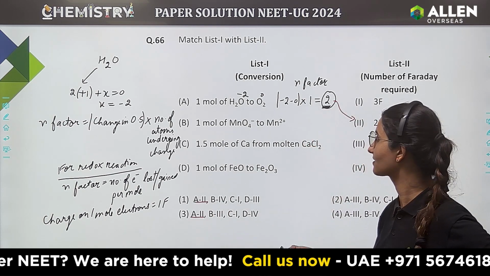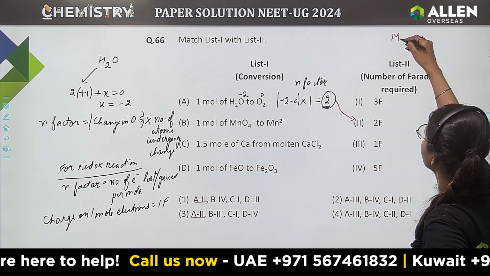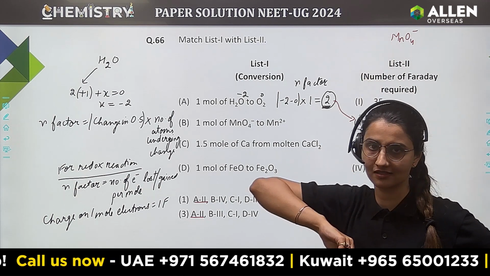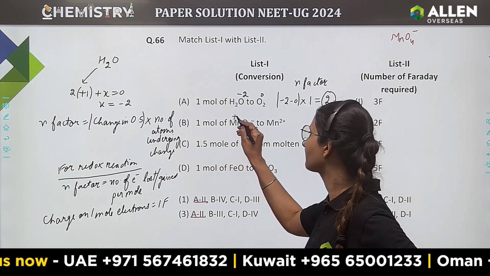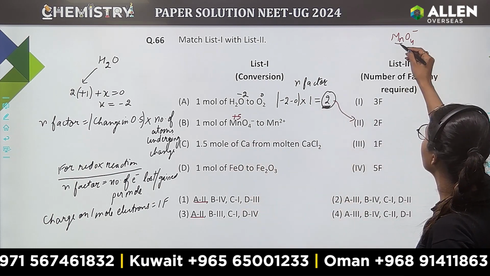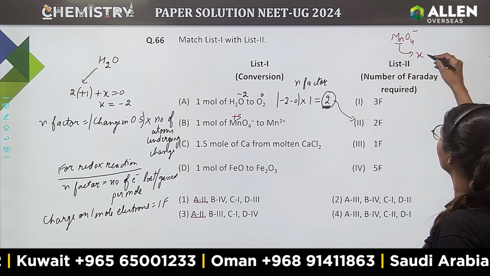Let's check next. Students, in MnO4 minus, I am first finding the oxidation state. Here Mn is present in +7 oxidation state. How? Let's check. Let the oxidation state of Mn be X. How many O do we have, students? 4.